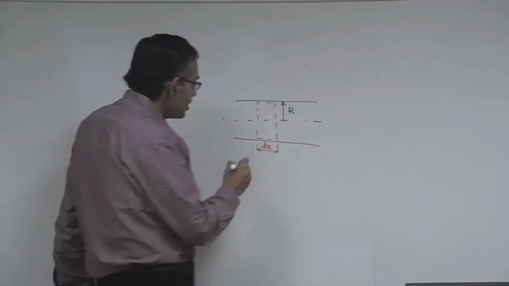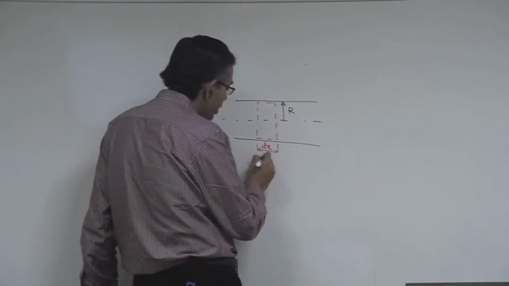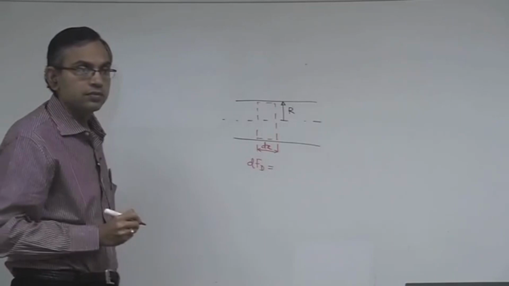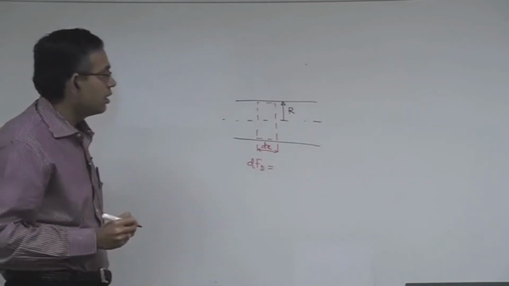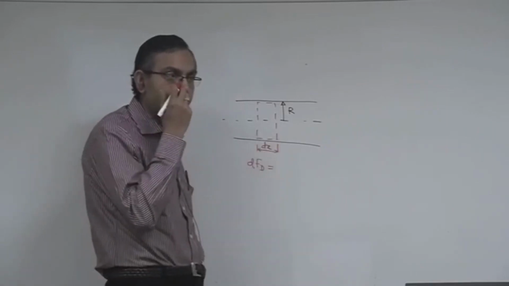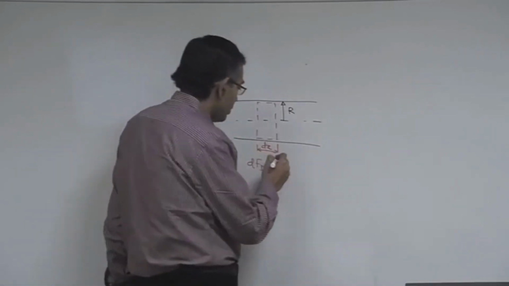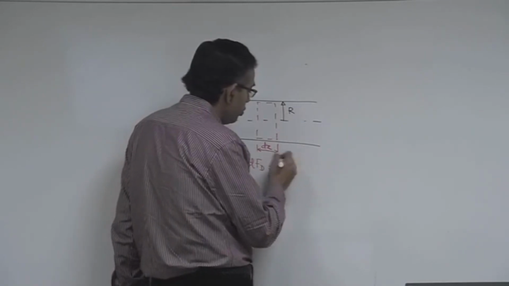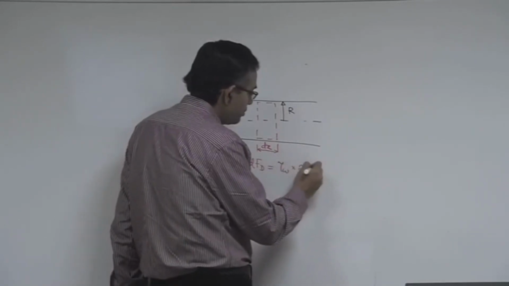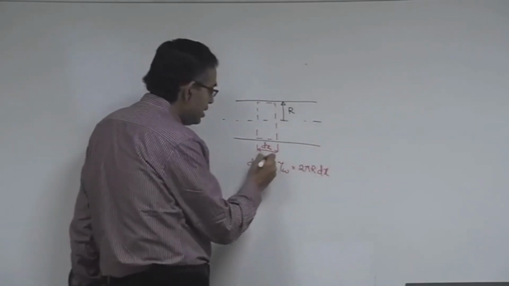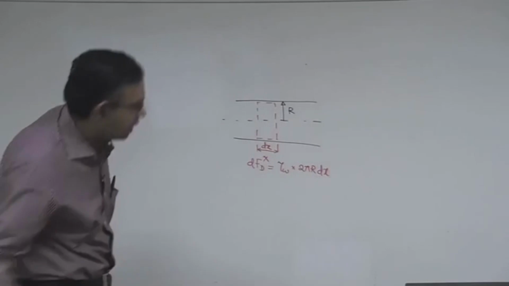If the drag force acting on this is dFd, then what is dFd? What is the elemental drag force on this small element? Tau wall into 2 pi r dx.